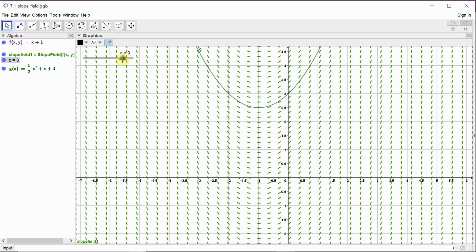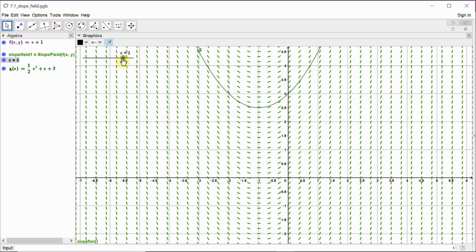Which makes sense. If the little segments are tangent lines, then it's not going to go through all of these. If I would fill the whole plane with little segments, it would all be filled in. You couldn't see anything. But do you see the tangent lines there, how well they're following the curve? So there is a specific solution.